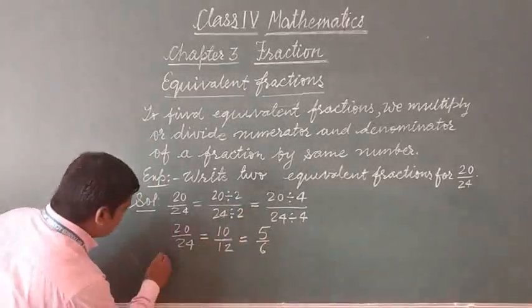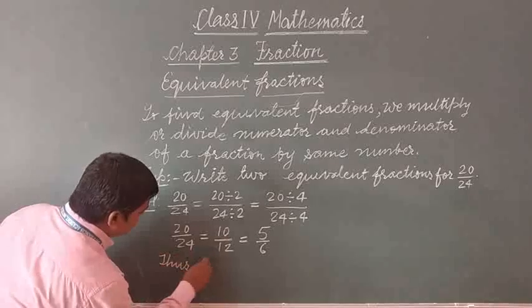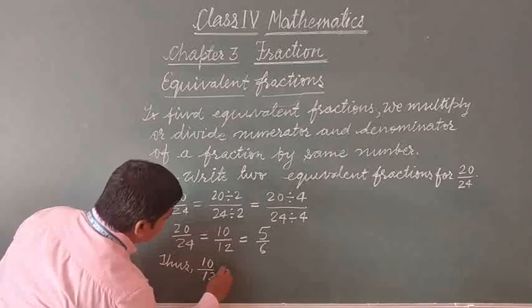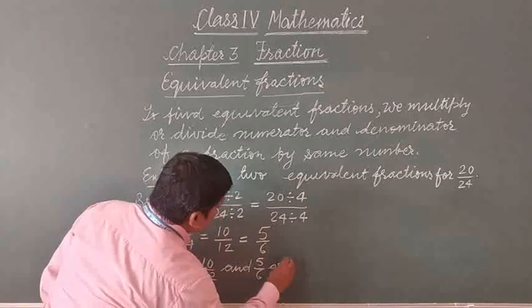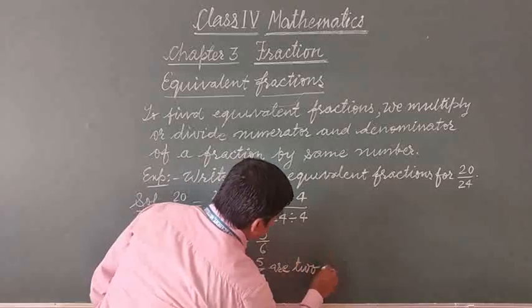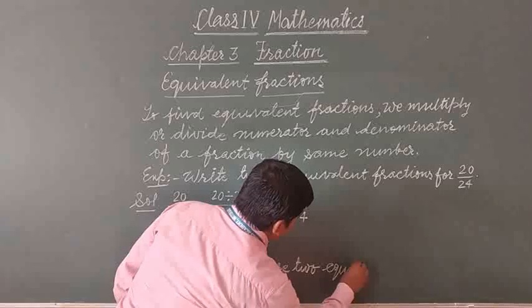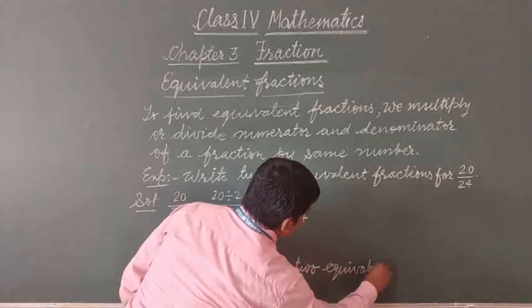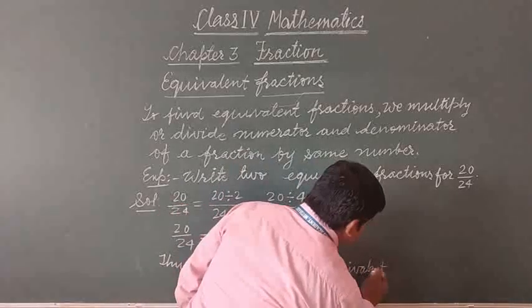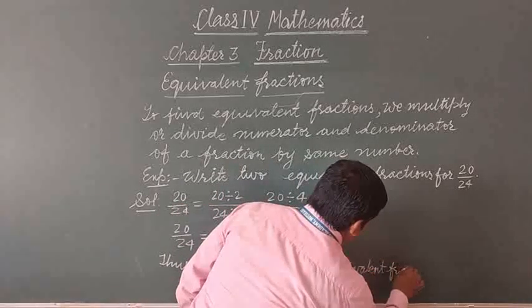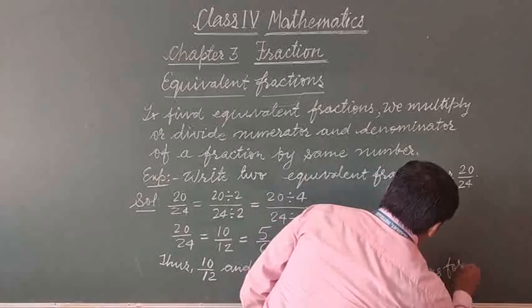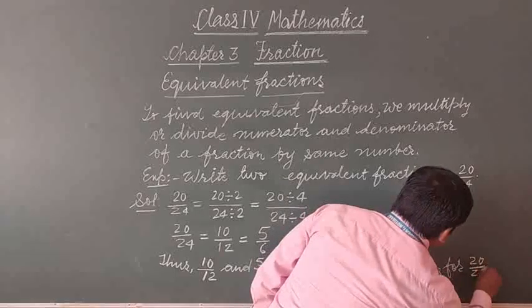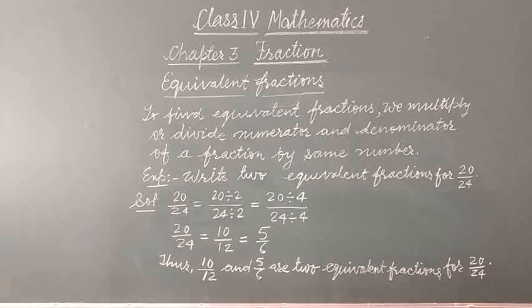So we can write here that 10 by 12 and 5 by 6 are 2 equivalent fractions for 20 by 24.